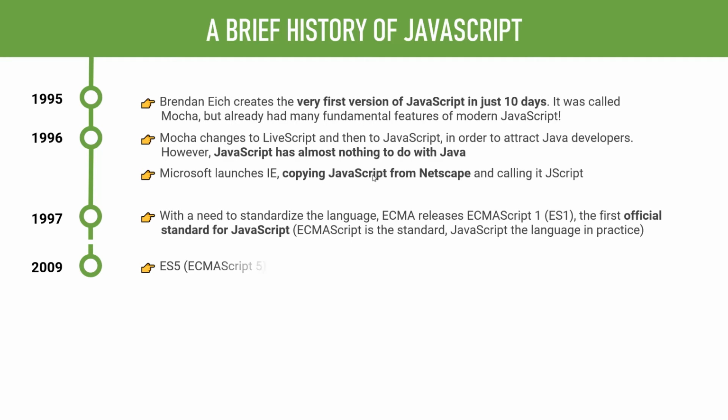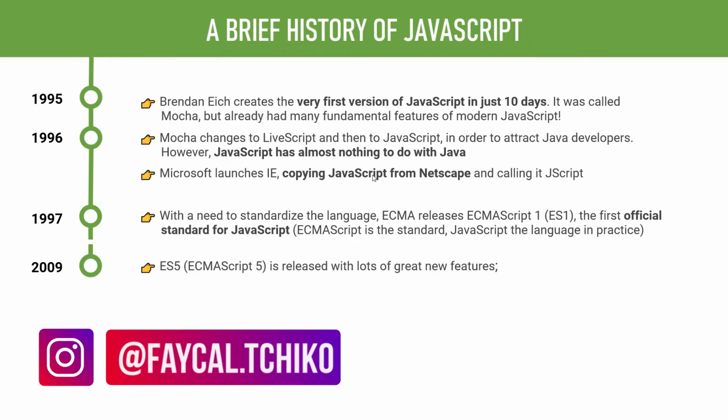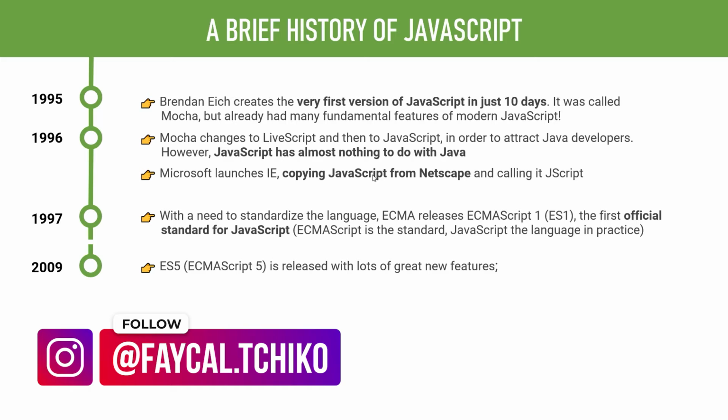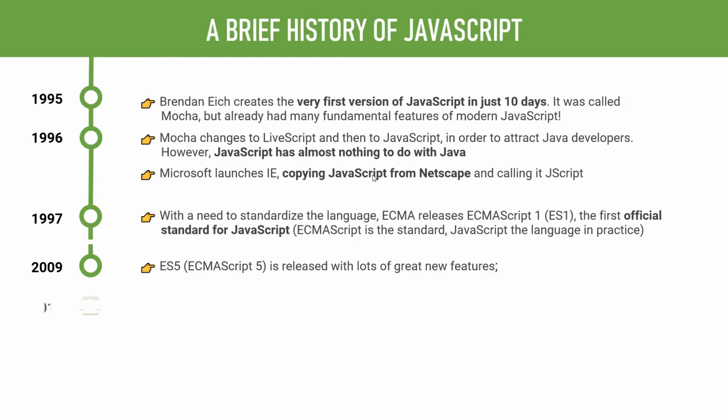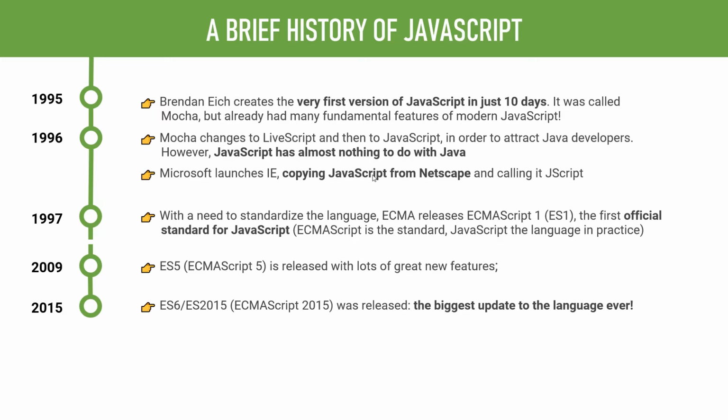Now, fast forward to 2009, after a lot of complication and disagreement about where the language should be headed, ES5 was released with a lot of great new features. And then, finally, another 6 years later, the much awaited new version ES6 was launched in June 2015.